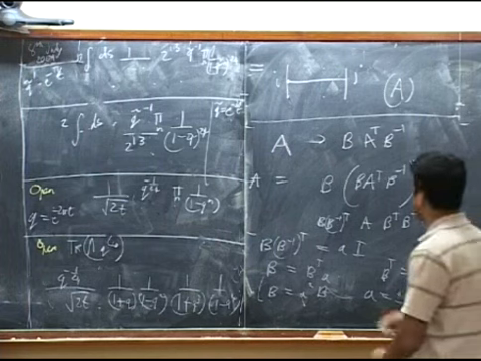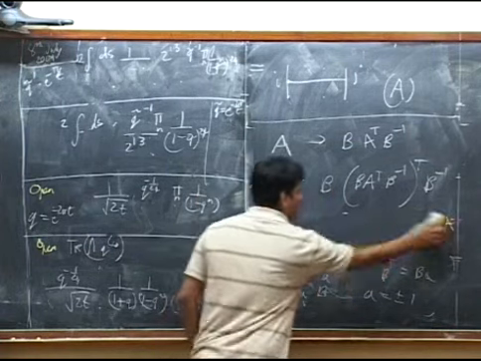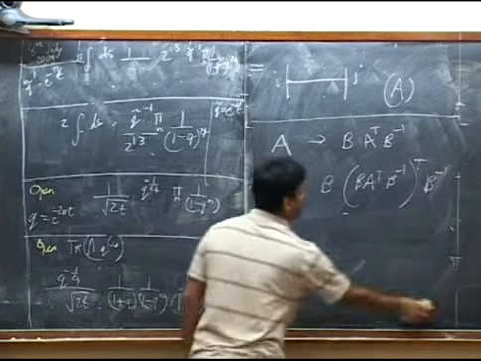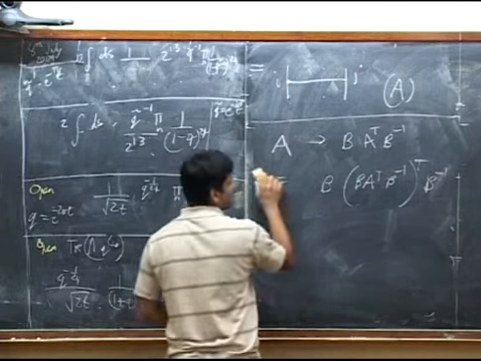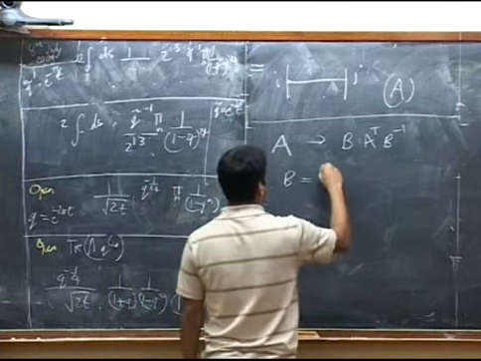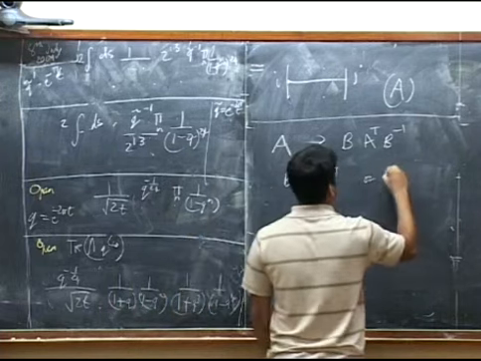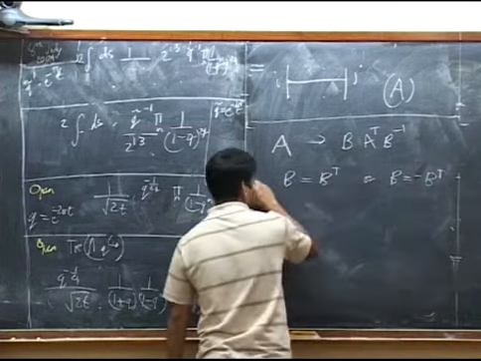Okay, so we conclude that whatever this B matrix is, we have this where B is equal to B transpose or B is equal to minus B transpose.